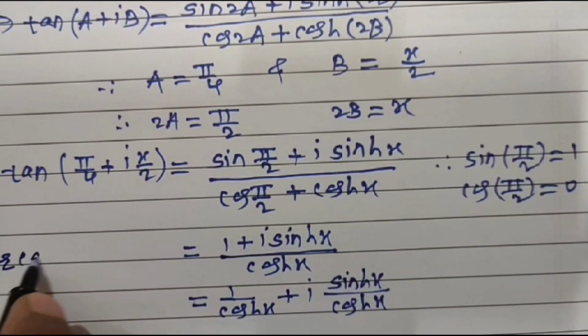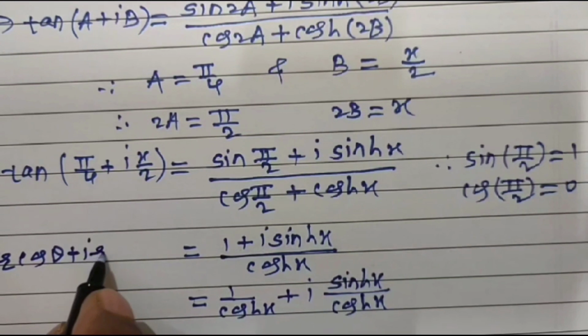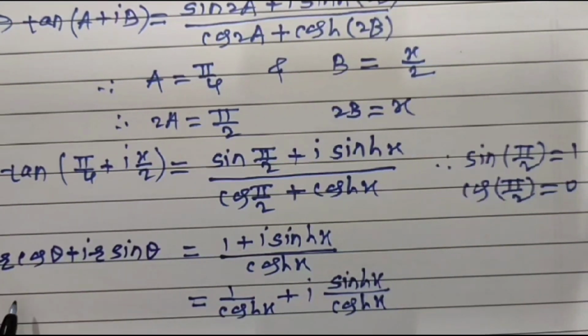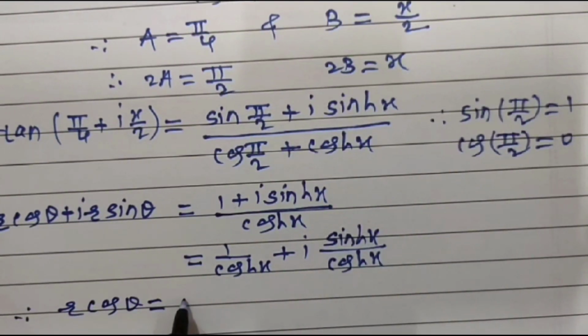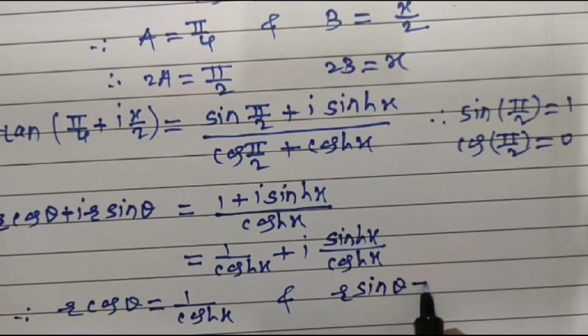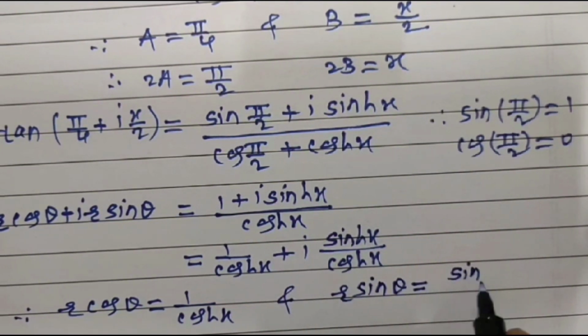Let us consider the polar form of tangent of (pi by 4 plus ix upon 2): r into cos theta plus I into r into sin theta. Now comparing real and imaginary parts on both sides, we can write r cos theta is equal to 1 upon hyperbolic cos x and r sin theta is equal to hyperbolic sin x divided by hyperbolic cos x.